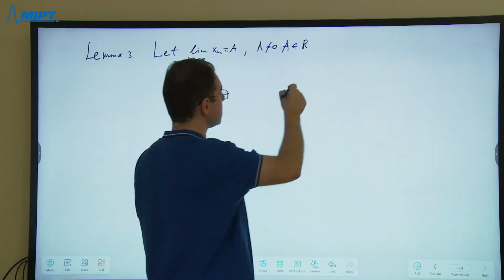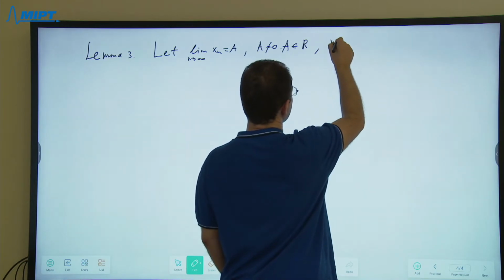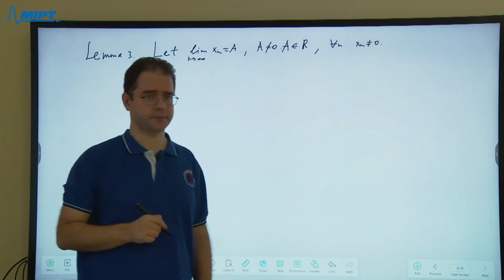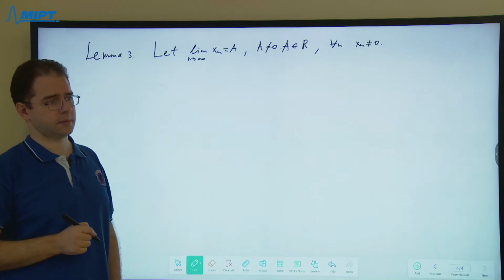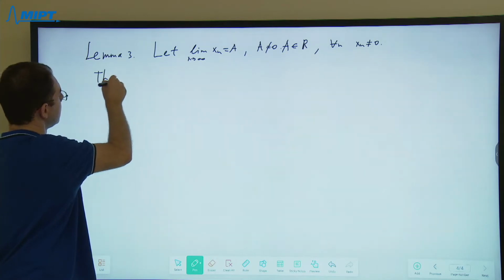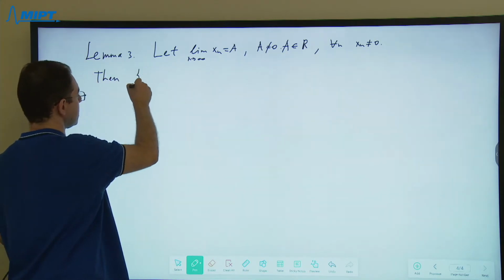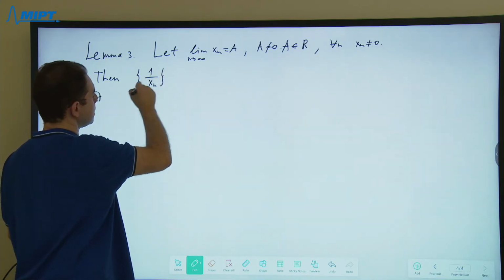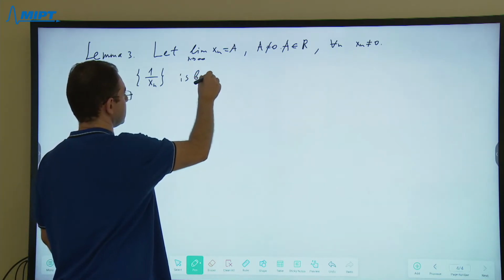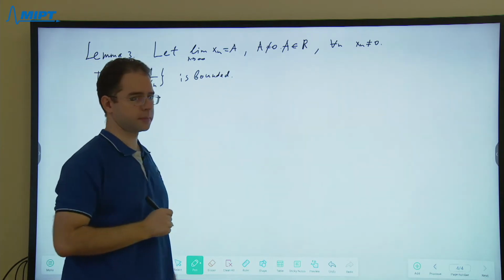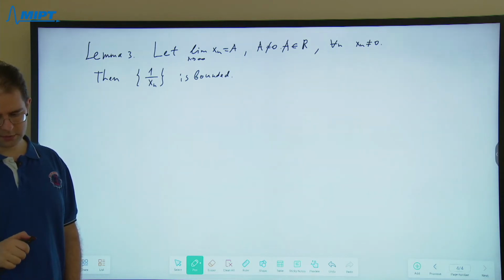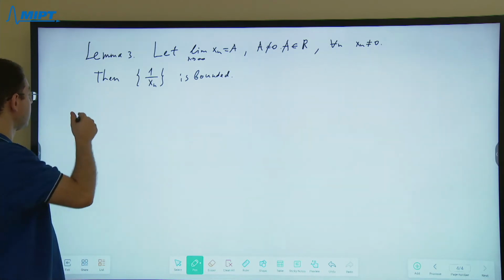Let also, for any n, xn not be 0. Then the sequence 1 over xn is bounded. Proof.